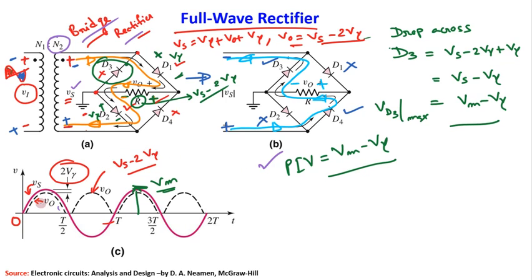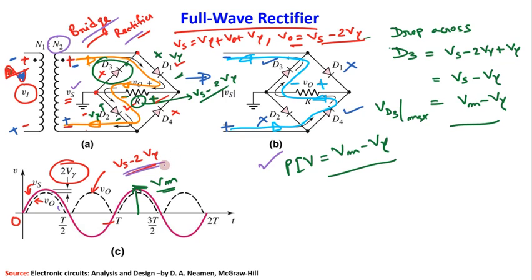Okay, what about the output voltage? Here the output voltage is Vs minus 2 V gamma, because there are two diodes in series for any half of the cycle. Whereas in the previous case we have seen the output voltage is Vs minus V gamma, right?